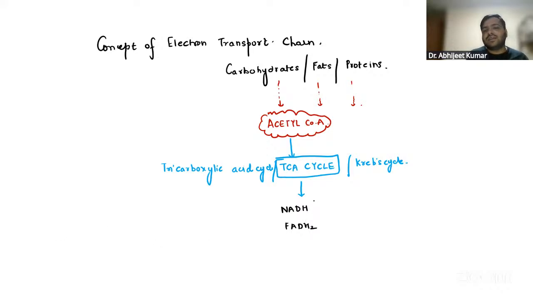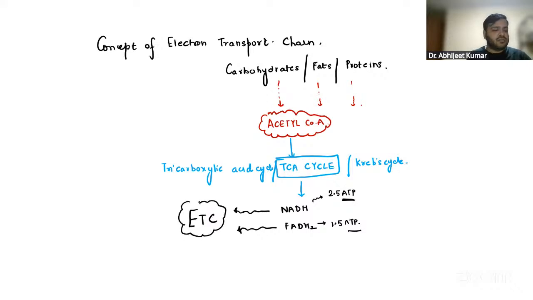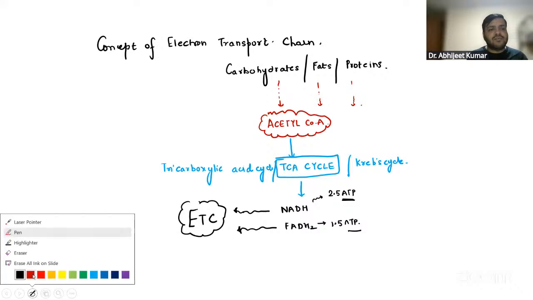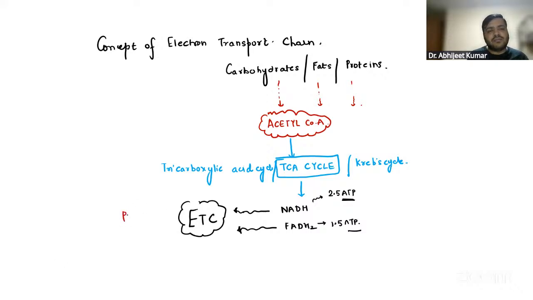Basically, one NADH gives how many ATPs? 2.5 ATP, and FADH2 gives 1.5 ATP. Now to generate these ATPs, these both will enter the electron transport chain, where phosphorylation will take place.